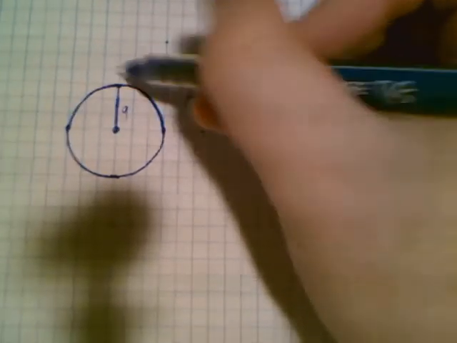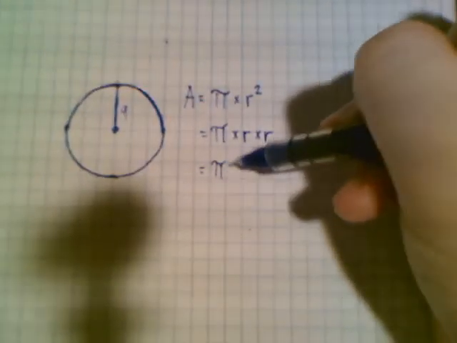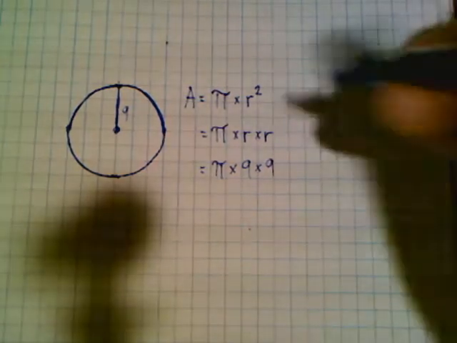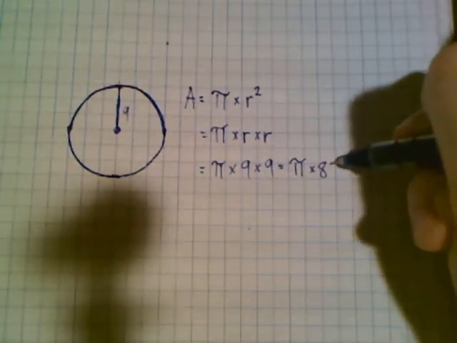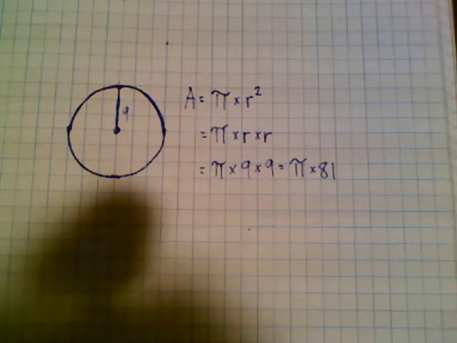In this case, my radius, which is the line that goes from the center to the edge, is 9. So I just do pi times 9 times 9, which equals pi times 81, which should be about 339, I think.